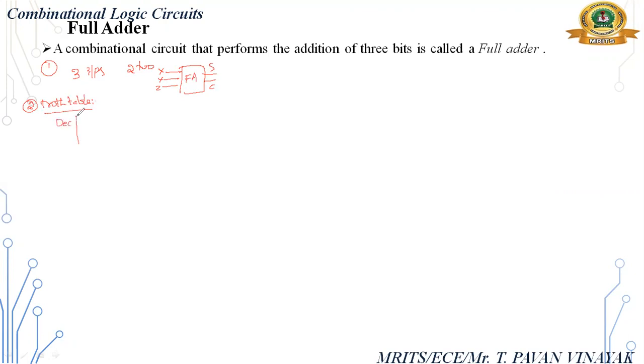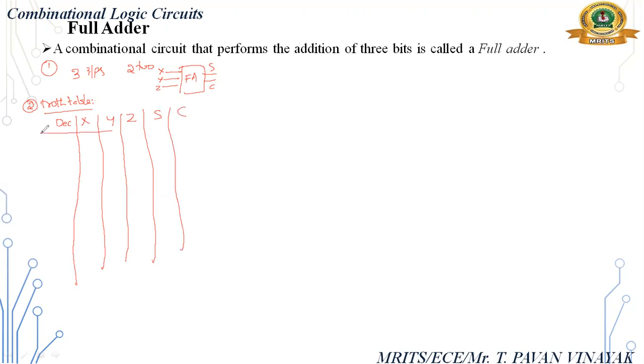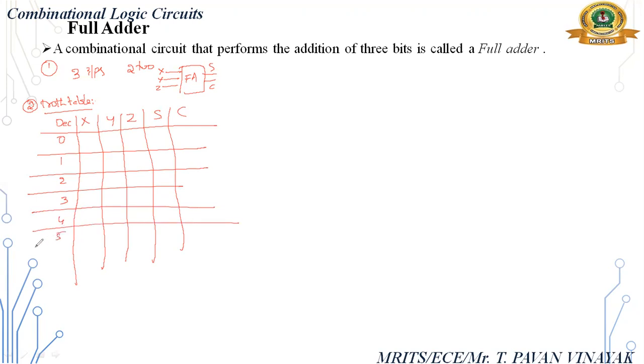So write the truth table. Decimal number, X, Y, Z, sum, carry. 0, 1, 2, 3, 4, 5, 6, 7.